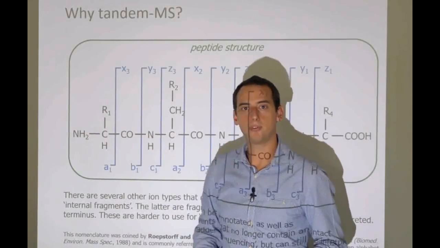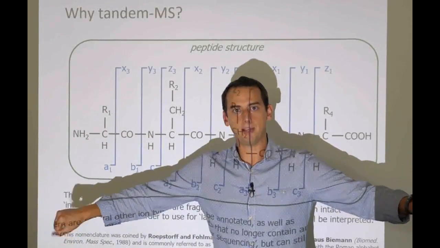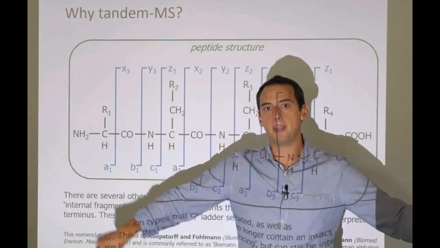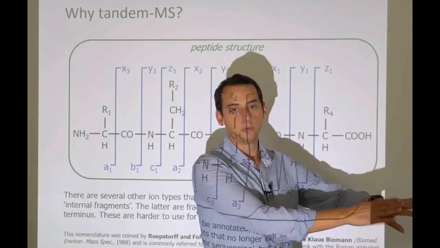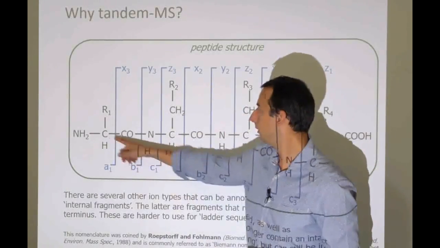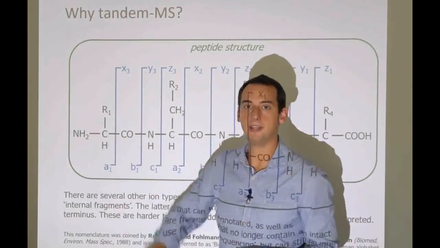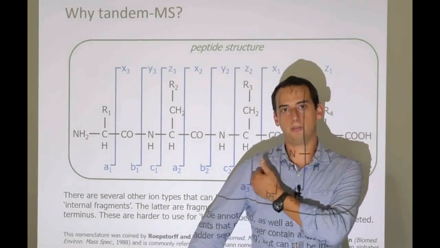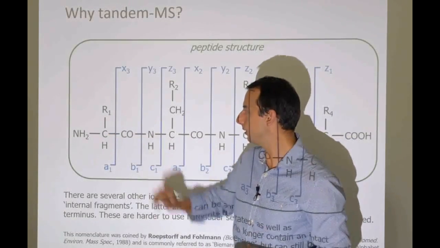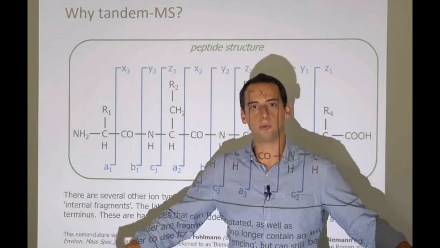Each amino acid is a person, and the people make a peptide by holding hands. So they make a chain of humans and they all hold hands. The peptide bond is comparable to two people holding hands, whereas the bond between the central carbon atom and the amine group can be seen as the right shoulder, and the bond between the central carbon and the carboxyl group can be seen as a left shoulder.